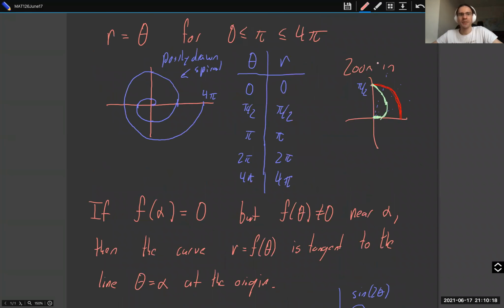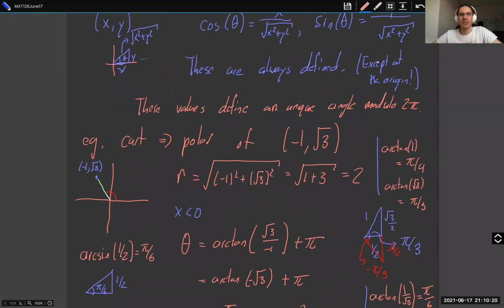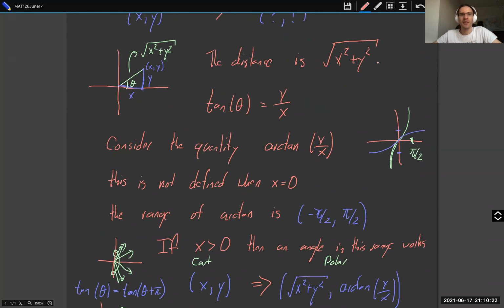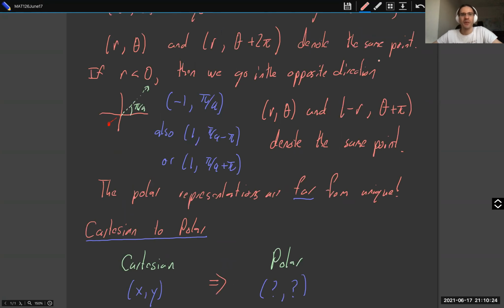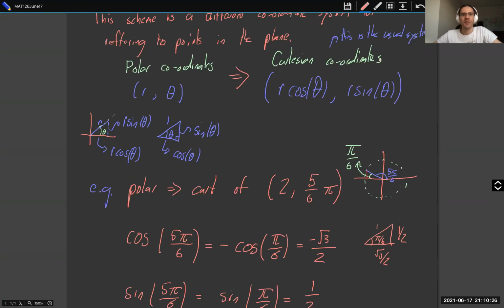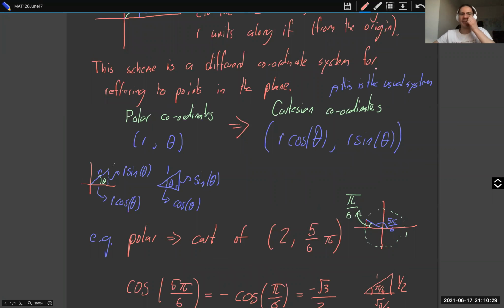To remind you, I'll just scroll up to the place where we saw it. What was the formula? X and Y become what?